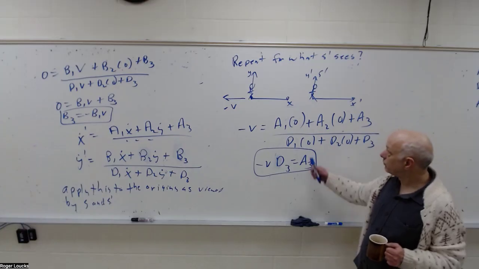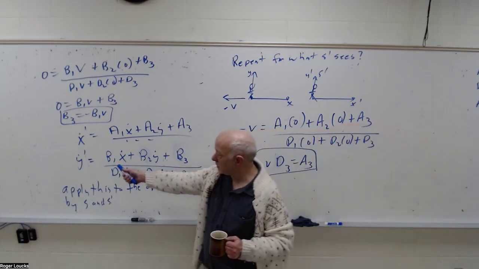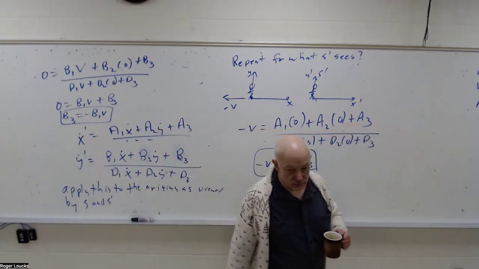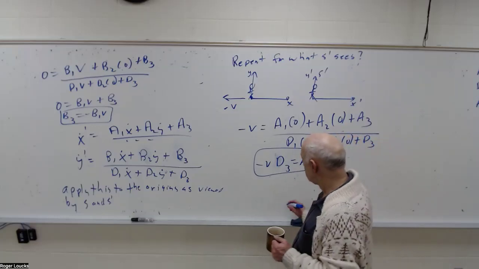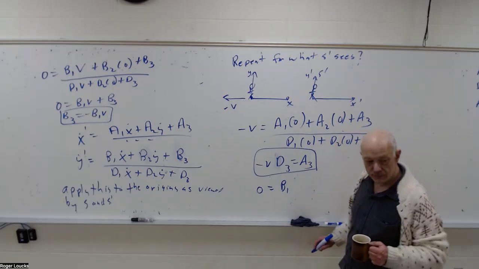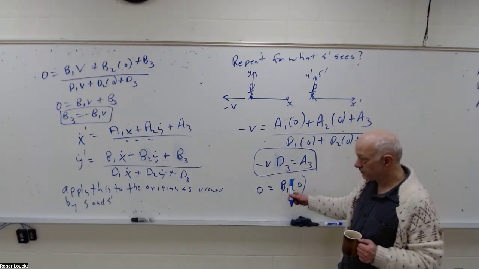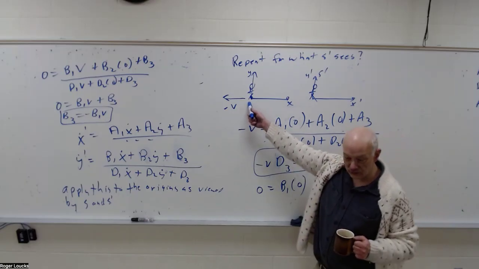What are you saying is the y dot prime for that coordinate? 0. So you're going to get 0 equals B1 times x dot, minus B, 0, right?